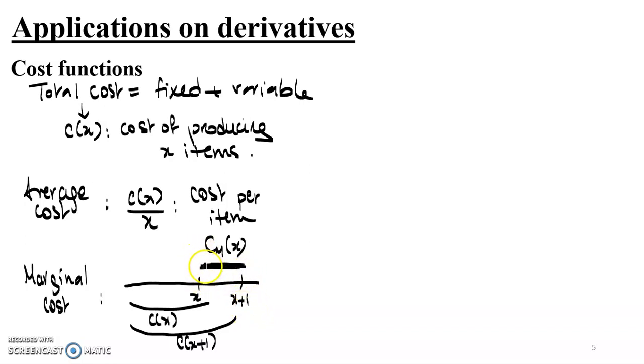It's like studying the change of cost at the margin. At the margin. This is why it's called a marginal cost. So basically the marginal cost is in fact the difference between the cost of producing x plus 1 items and the cost of producing x items.